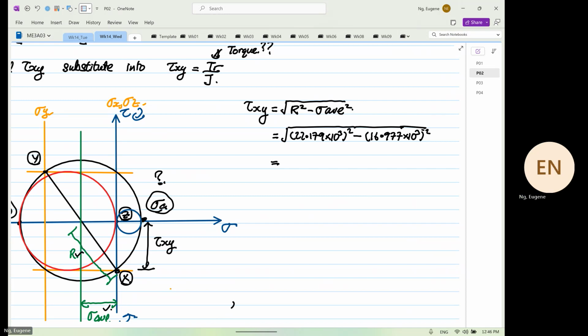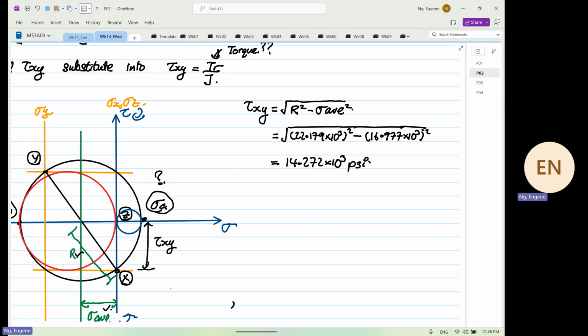So this will be equal to 22.179 power 3 squared, square root. So you get 14.272 times 10 to the power 3 psi.